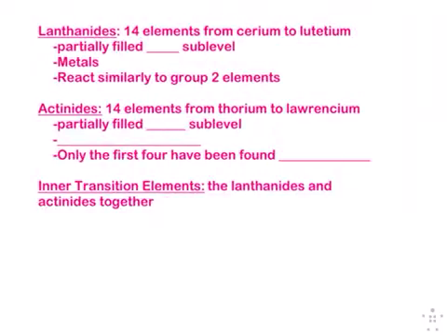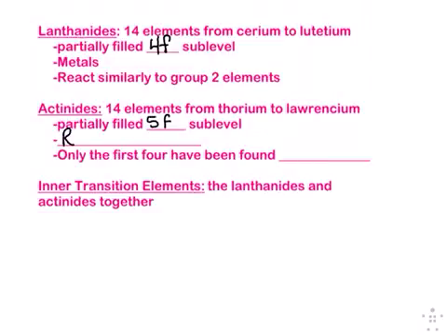Lanthanides and actinides, these are the 14 elements from cerium to lutetium. They have a partially filled 4F sublevel. These are metals, and they will react very similarly to group 2 elements. The actinides, these are elements from thorium to lawrencium, and they have a partially filled 5F sublevel.